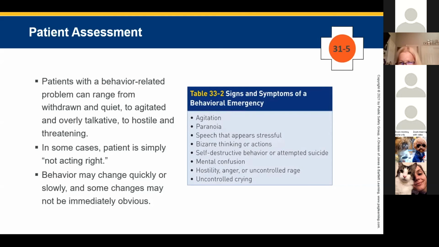It was someone who had anxiety problems. Yeah. You never know. You could be talking to someone, have a conversation, and all of a sudden they go off for whatever reason. Mental confusion, hostility, anger, uncontrollable rage, and uncontrollable crying. Okay.